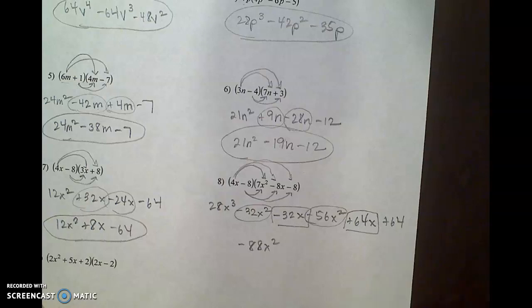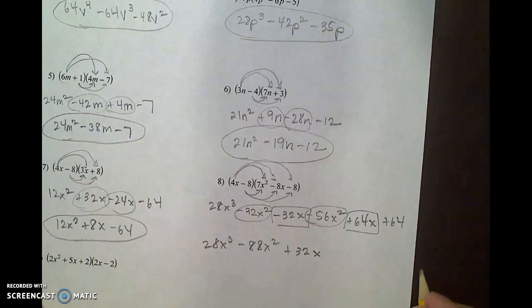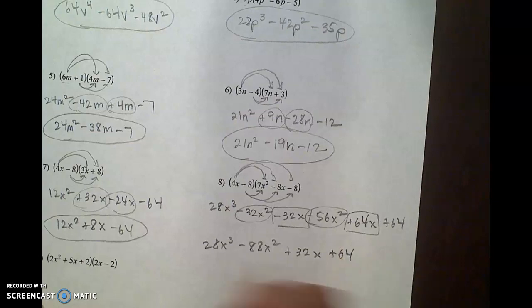We combine those, and we get a positive 32x. The 28x to the third, to be exact, does not get combined with anything. The 64 does not get combined with anything. So there's our final answer.